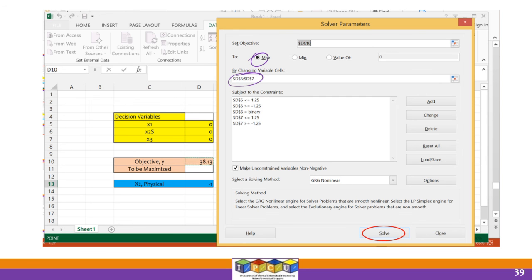The cells D5 to D7 are to be changed in order to maximize D10. All right. And then you give the constraints using the add feature. You add the upper and lower bounds for x1, the upper and lower bounds for x3, and for D6, which contains x2s, you say it's binary. There are these options available.